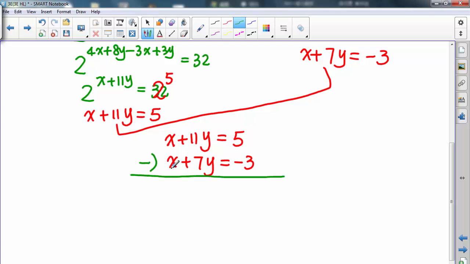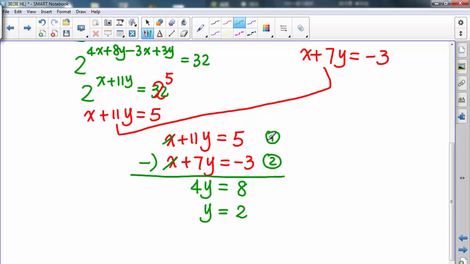So x minus x cancels out. 11y minus 7y is 4y, equals 5 minus -3. 5 minus -3 is the same as 5 plus 3, so this one is 8. Divide both sides by 4, y equals 2. Then I plug y equals 2 back into either of the equations. Let's say this is equation 1, this is equation 2.